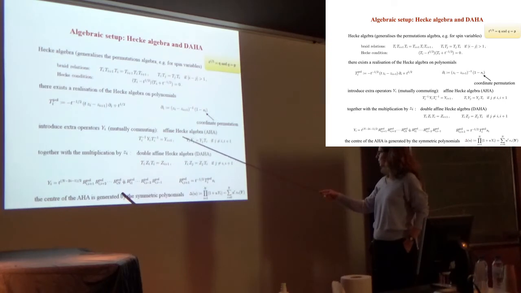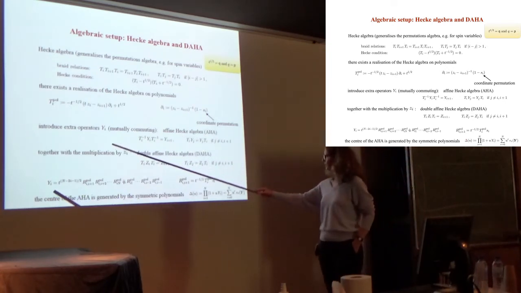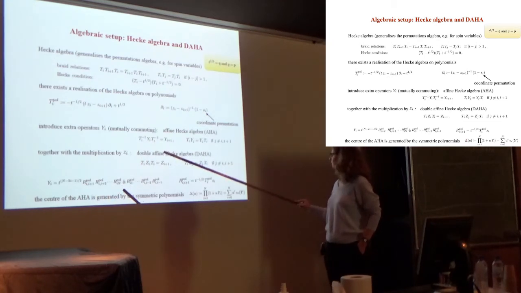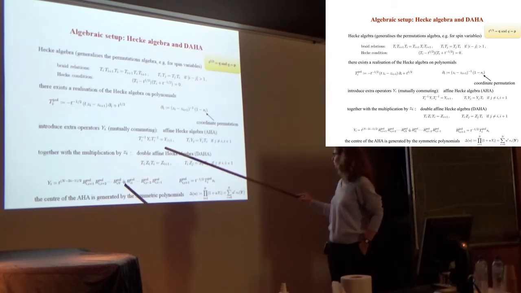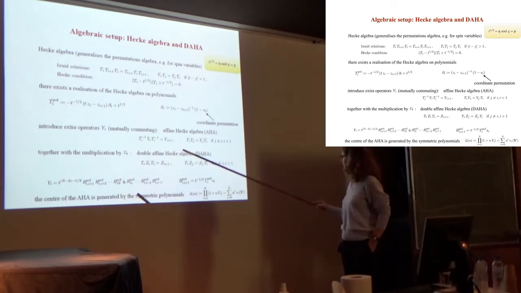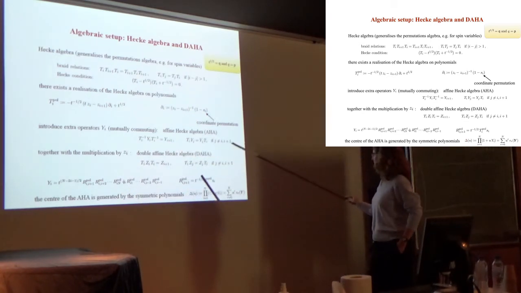Okay, so the precise definition of this Y operator is given here in terms of this shift operator, which is in the middle, and then there is some operator which is a combination of Hecke and permutations.